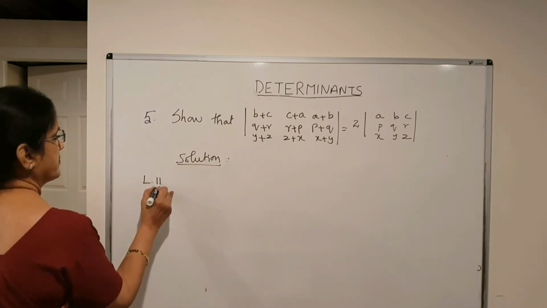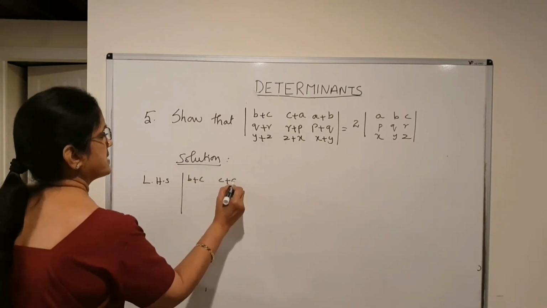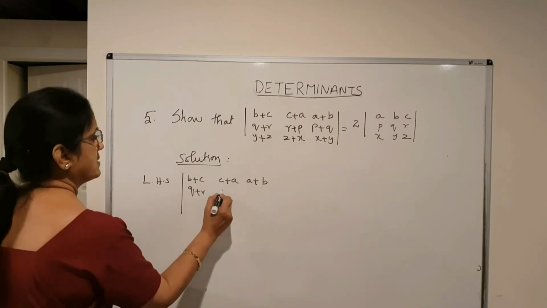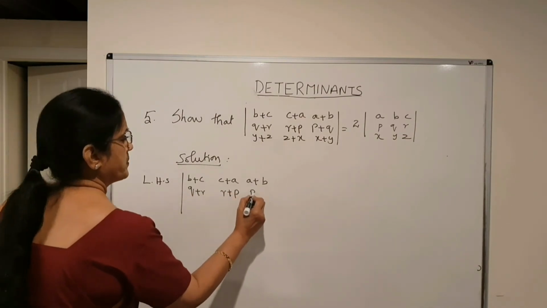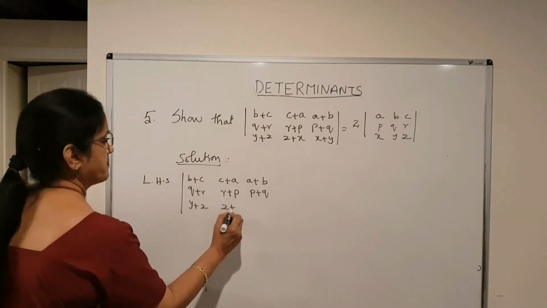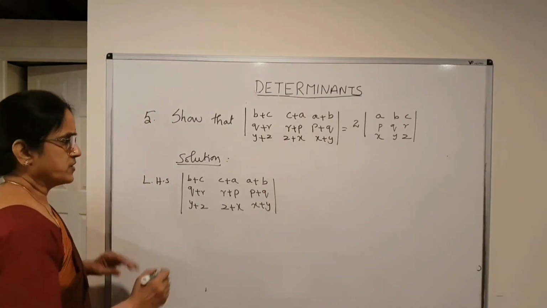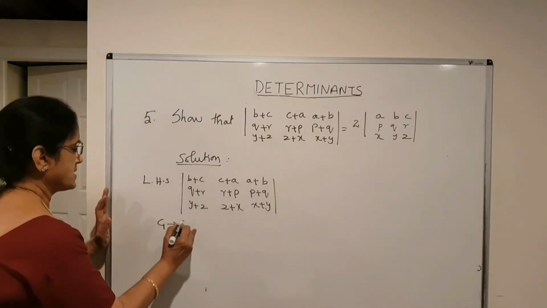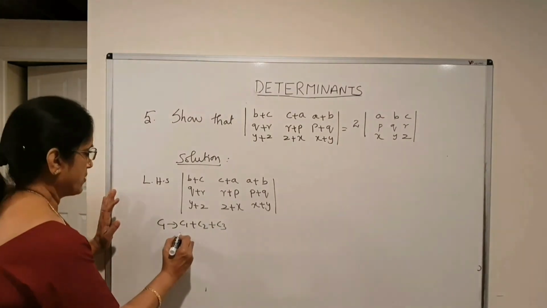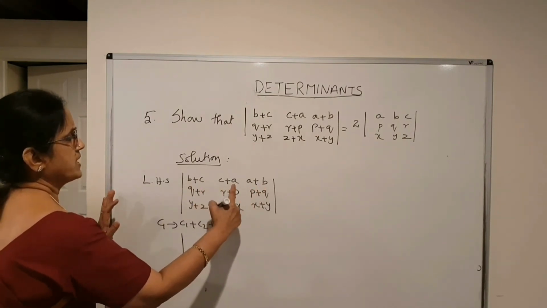LHS: B plus C, C plus A, A plus B; Q plus R, R plus P, P plus Q; Y plus Z, Z plus X, X plus Y. So what I am going to do? I am going to write C1 as C1 plus C2 plus C3. That will give me, see here, B plus B, 2B, 2C, 2A.